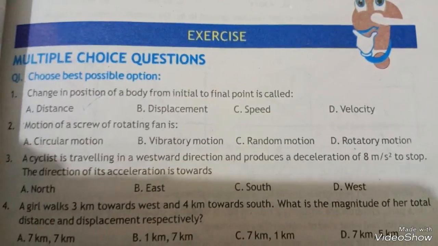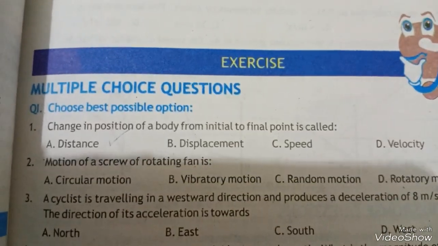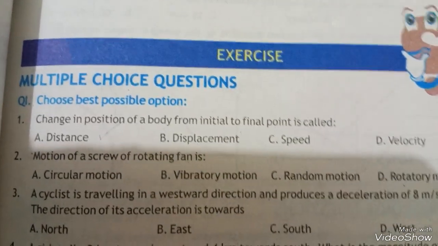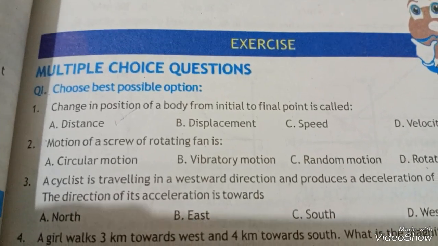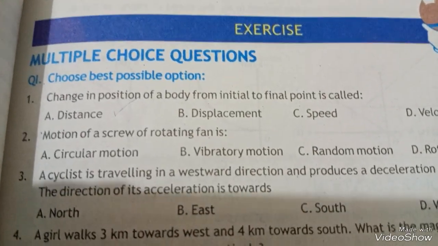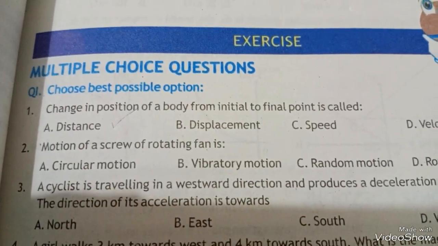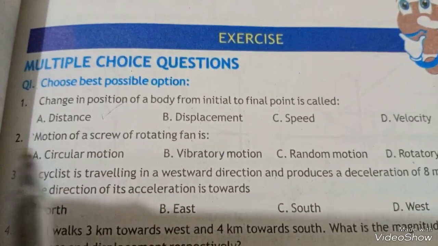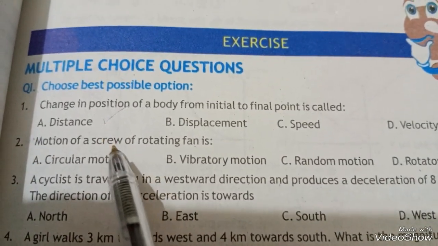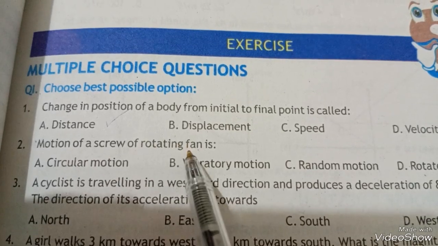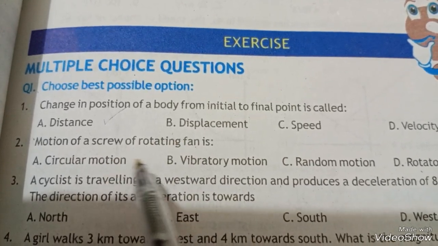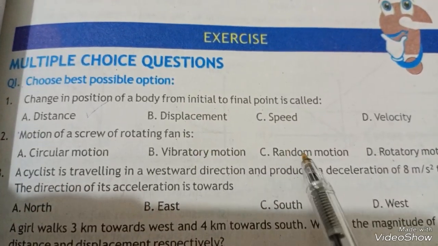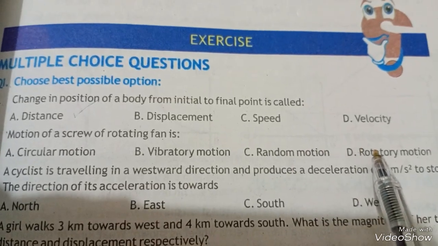Moving towards question number 2, it is about the motion of the screw of a rotating fan. As we know, the fan is a type of rotatory motion, but here what we are asked is whether the screw of the rotating fan is in circular motion, vibratory motion, random motion or rotatory motion.